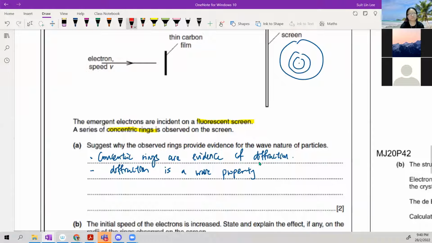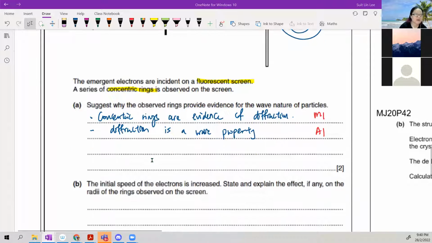This is M1. That means you must score this mark first before you can get this one, A1. If you just say diffraction is a wave property, I'm like, yeah, I know but how does it relate to diffraction? Or rather, how does it relate to concentric rings? Okay.